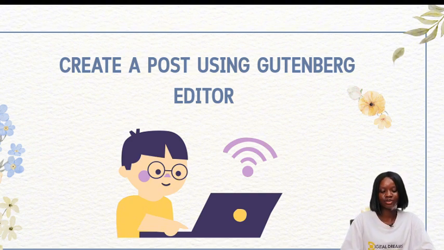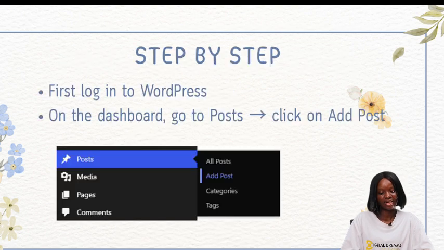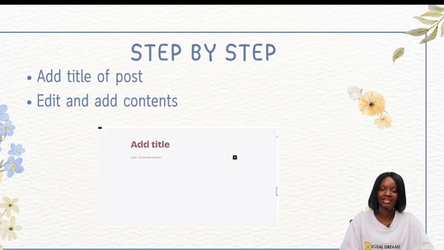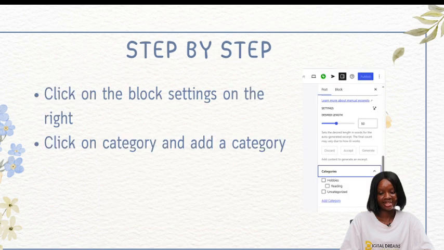The first step is you log into WordPress. Then on the dashboard you go to posts and click on add post. The next step, you add a title, the title of the post. Then you could edit and add content. After that you click on the block settings on the right.